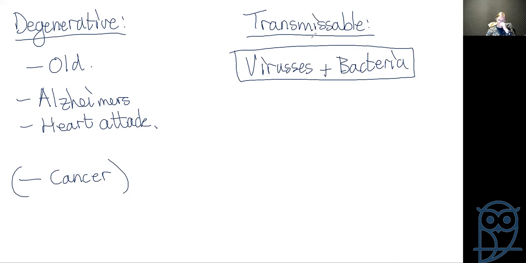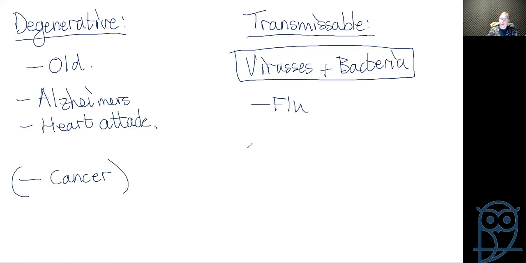That's the exact thing that causes these diseases. These are things like the common cold, flu, malaria, AIDS, tuberculosis, the Black Plague. All of these are caused by some kind of virus or bacteria that has invaded your body and is now sort of stuck there.